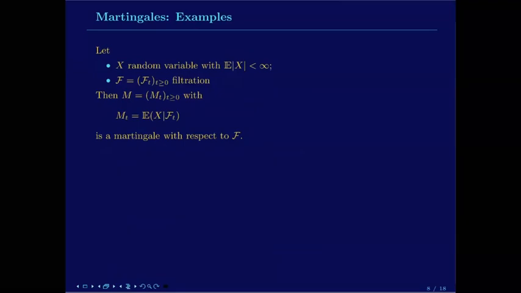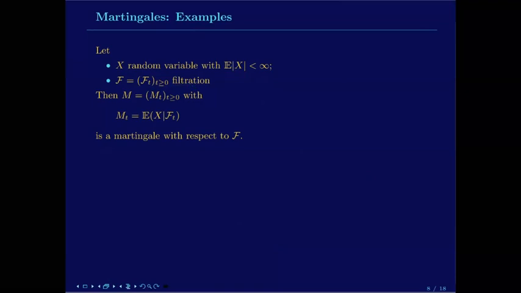Now, a very interesting general way to generate martingales is the following. So we have a random variable X whose mean exists. So the expectation of the absolute value of X is finite.